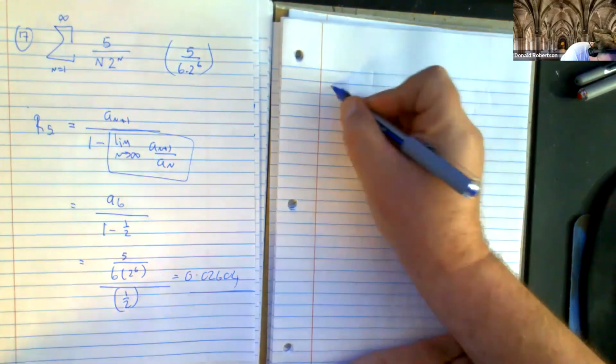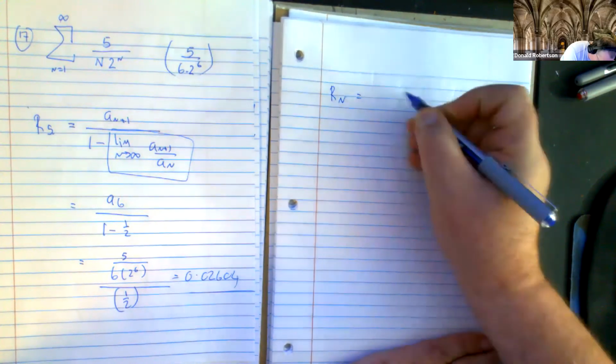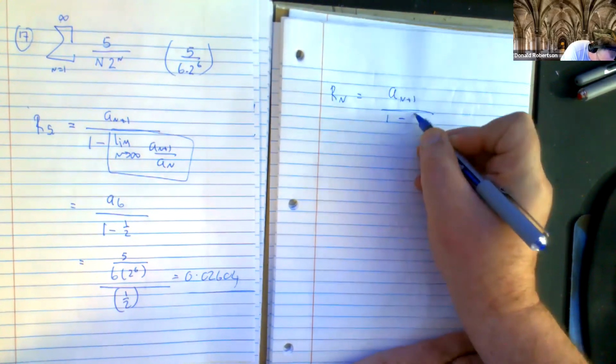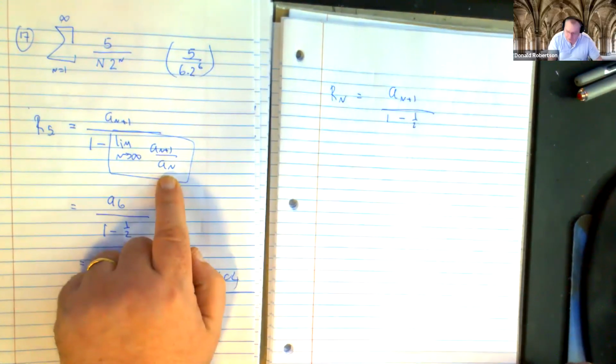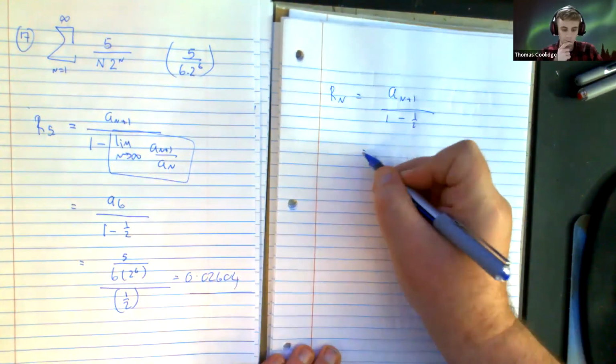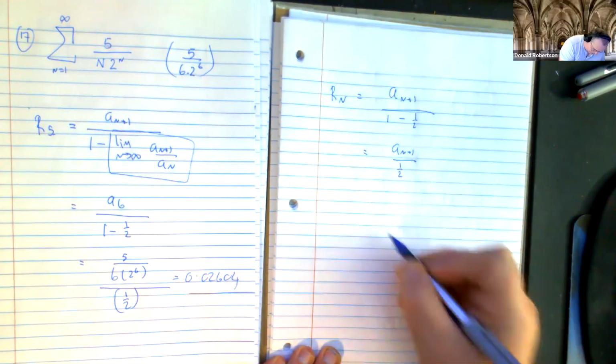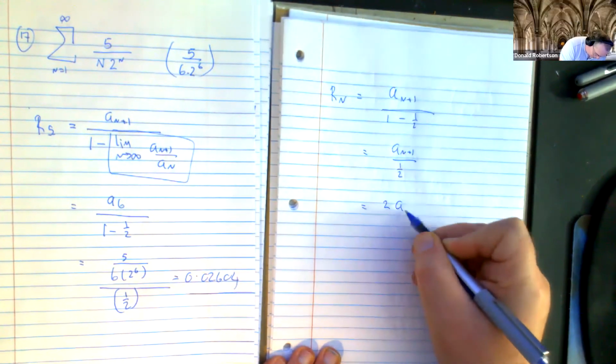Find the maximum value of n so that... well, don't we already know at least how we're going to do this one? Rn is going to be a_{n+1} over 1 take away a half, because that's always going to be a half. So that's going to be a_{n+1} over a half, which is going to be 2 a_{n+1}.